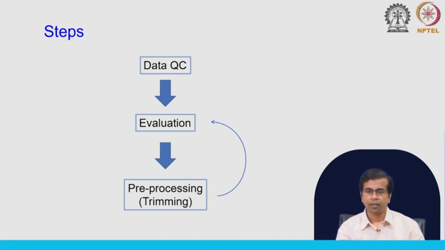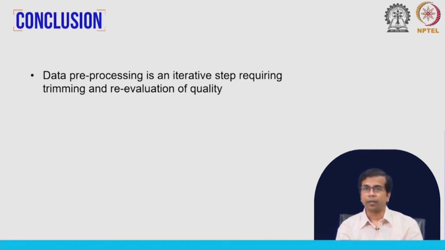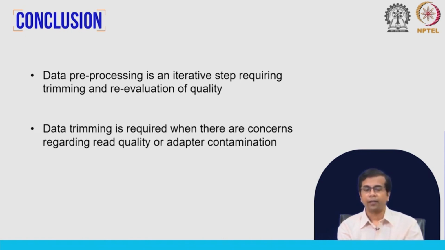So, to summarize what we have seen, data pre-processing is an iterative step. It requires trimming and re-evaluation of quality, and whether it might require some other sorts of pre-processing is again dependent on the data that you are working with. Data trimming is required when there are concerns regarding read quality or adapter contamination. So, in our case it was adapter contamination.